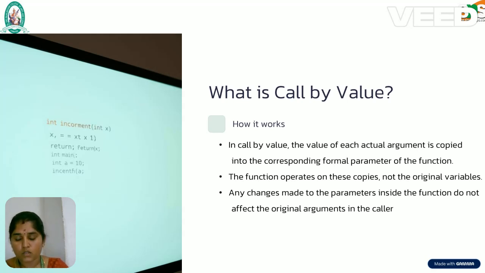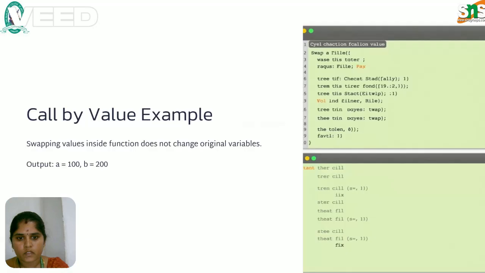In the function, if we replace the value of one variable with another, it does not reflect in the place where it is called, that is, the original arguments. That is the main functionality of call by value.